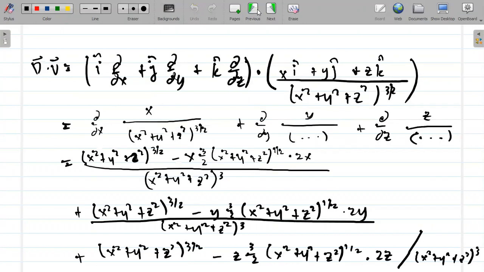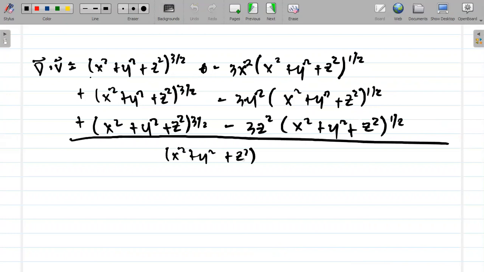Cube. Okay. Now, class, i-simplify natin to. Ito, tatlo. So, that is times 3 times x squared plus y squared plus z squared to the 3/2. Common factor nila to, di ba?